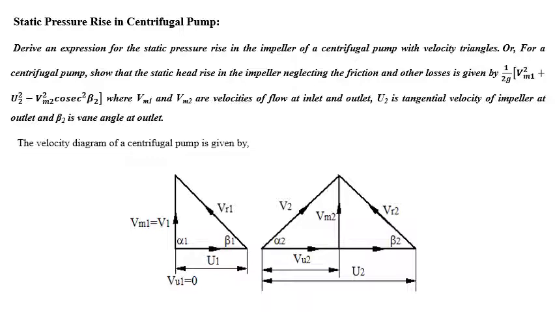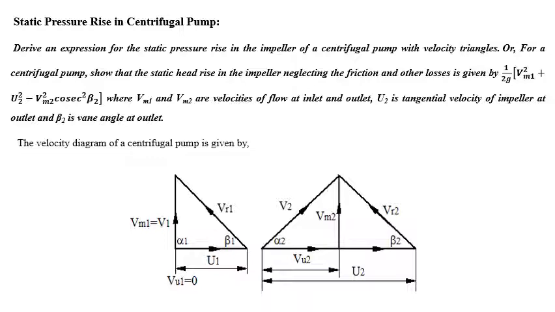In the exit velocity triangle, U2 is greater than Vu2. So these are the two velocity triangles for a centrifugal pump at inlet as well as exit.